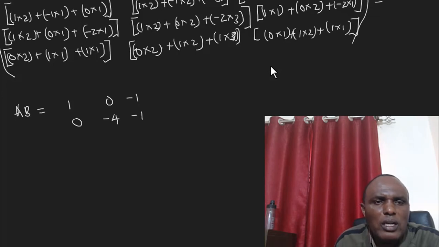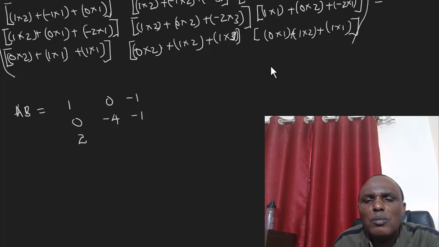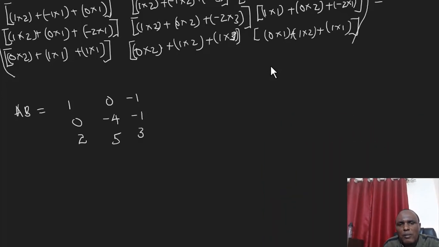We are now here 0 plus 1 plus 1. Therefore, here we have 2. This is 0 plus 2 plus 3. We get 5. And here you have 0 plus 2 plus 1. We get 3.